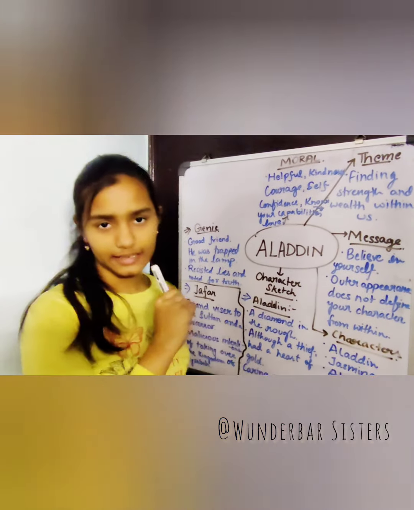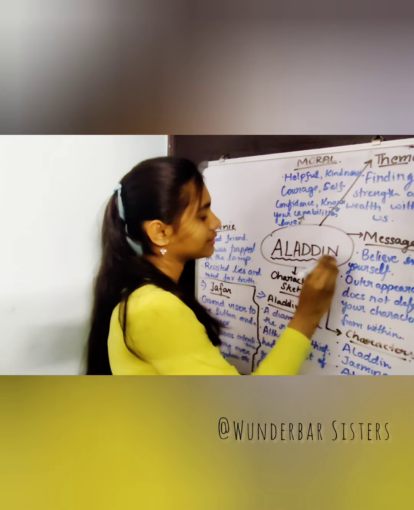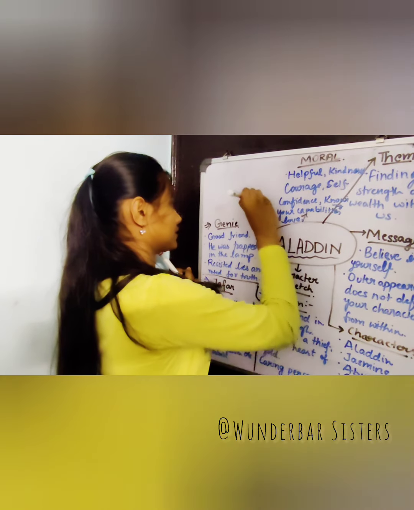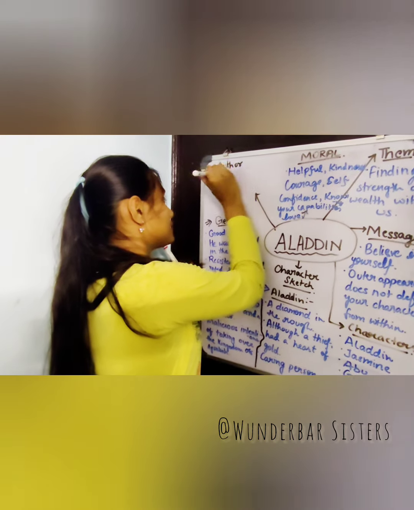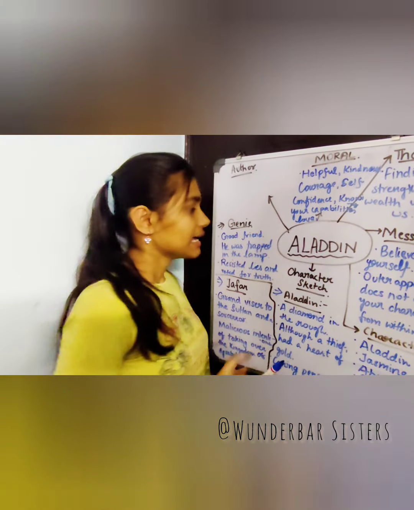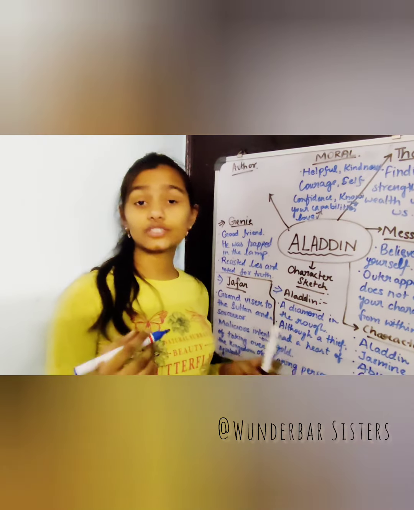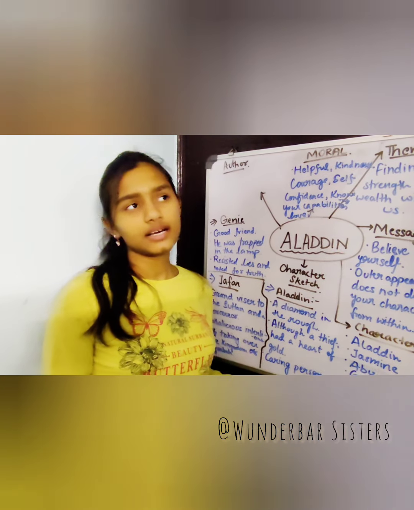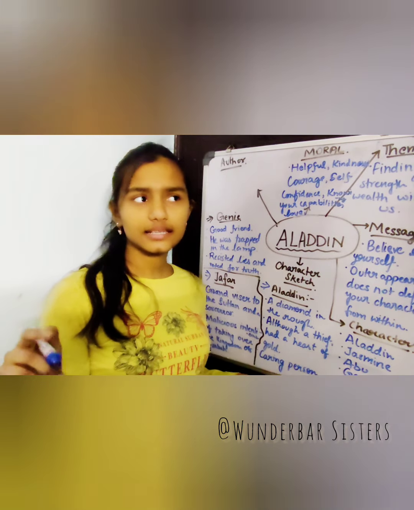Oh, and apparently I forgot to mention the name of the author. I usually write the name of the author under the name of the story only. But since I have no space, I'll make another arrow and write the author. So it is said that the first literary version of the story Aladdin was written by a French author Antoine Galland, who claimed to have heard it from a Syrian person telling the story.